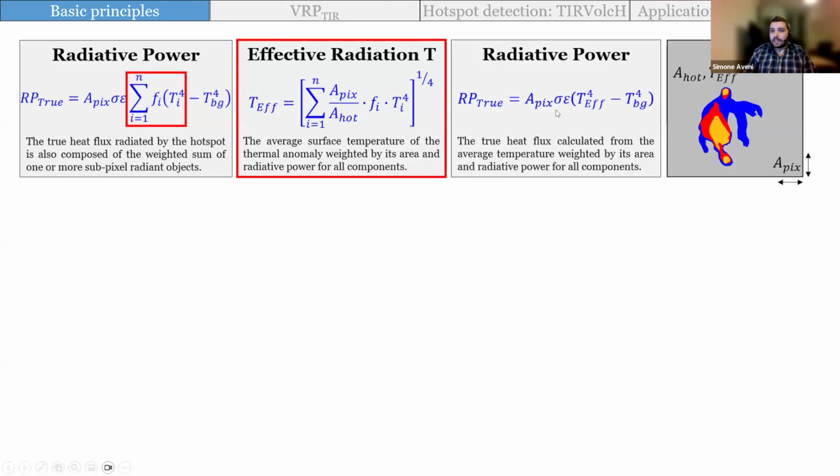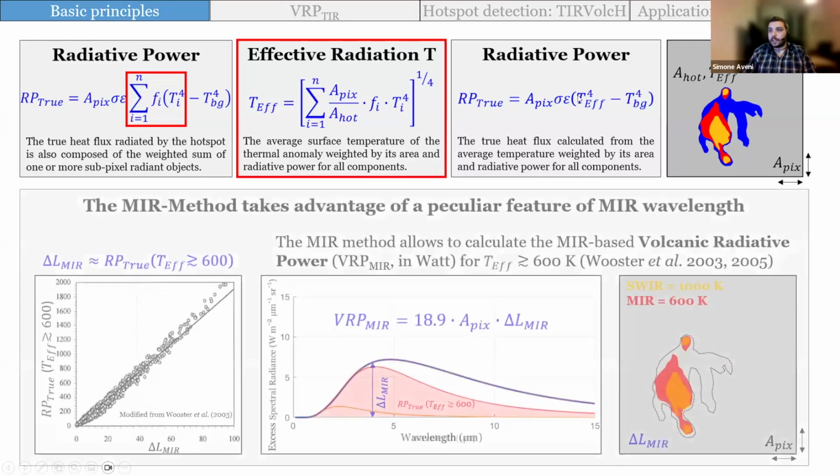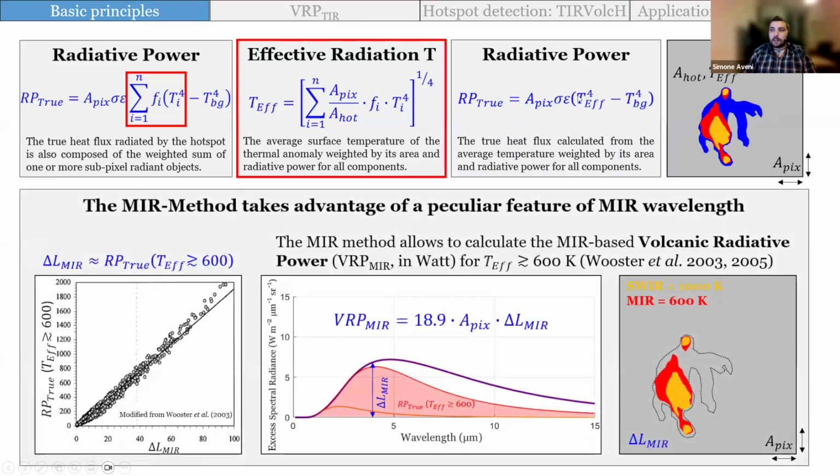So great. Now we do have all our background. We know how to calculate radiative power, which is what we're looking for. But how do we do it? As we said, we have a very coarse pixel. We do not know the temperature and the area that each component occupies within the pixel. So we need a solution. And a solution was found about a quarter of a century ago by Wooster and colleagues who developed the MIR method.